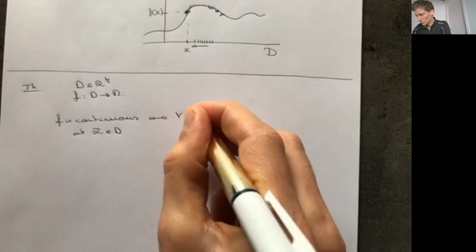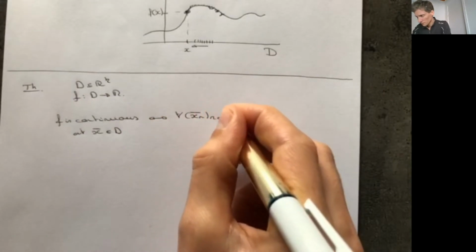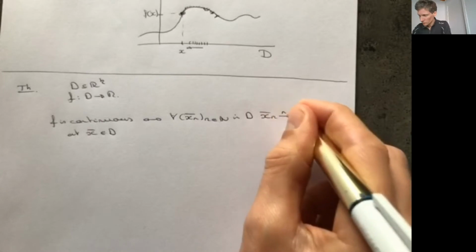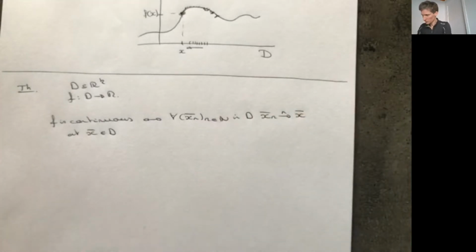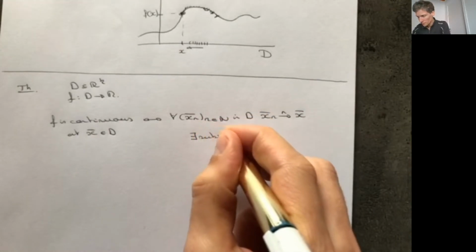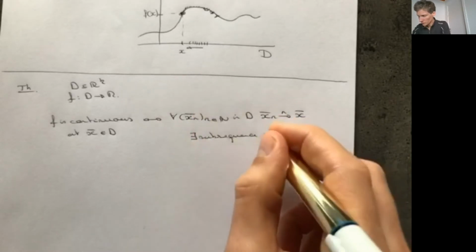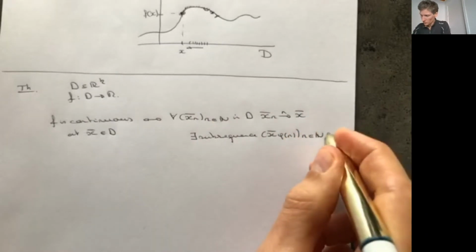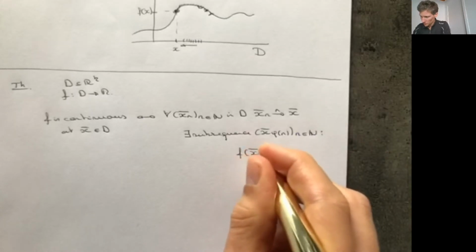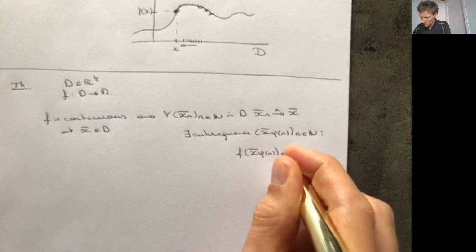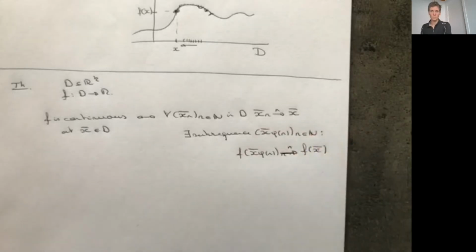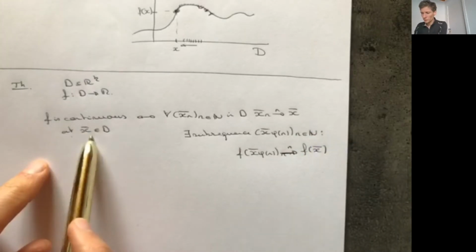So for all sequences xn in D that converge to x, there exists a subsequence of the sequence here, so let's call it x phi n, such that f of x phi n converges to f of x.